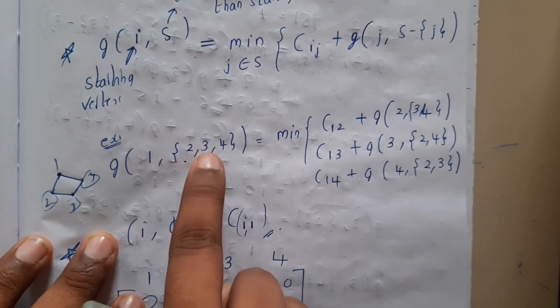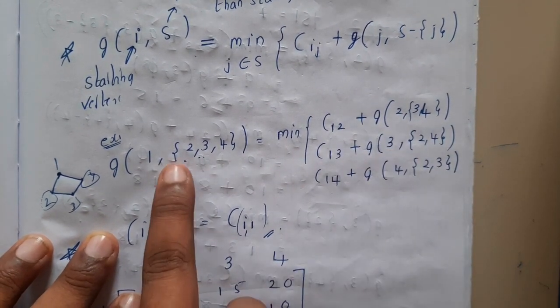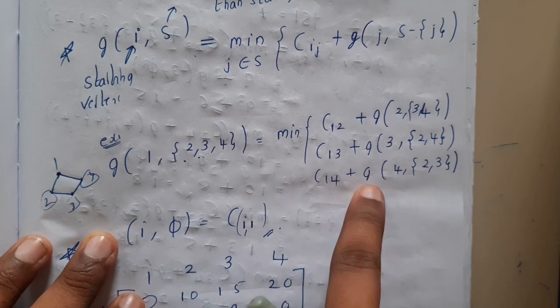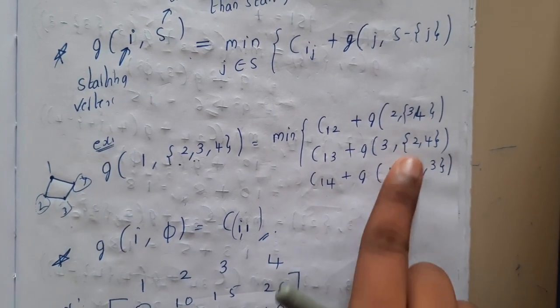Similarly, if you select 1 comma 3, that is c13, you remove that from the set. If you select 1 comma 4, c14, you will get g of 4 comma {2, 3}. So this is what you will be doing, guys.